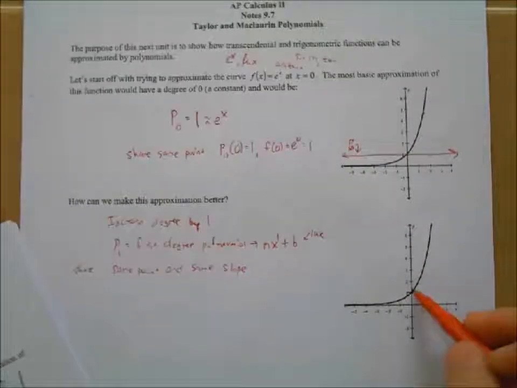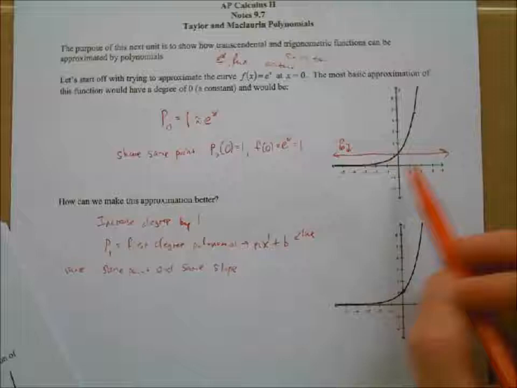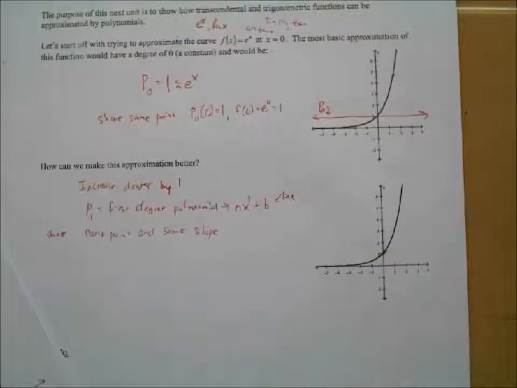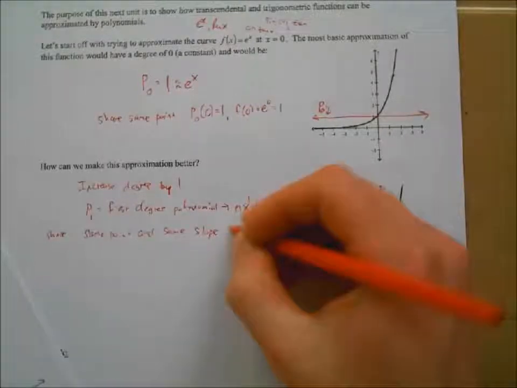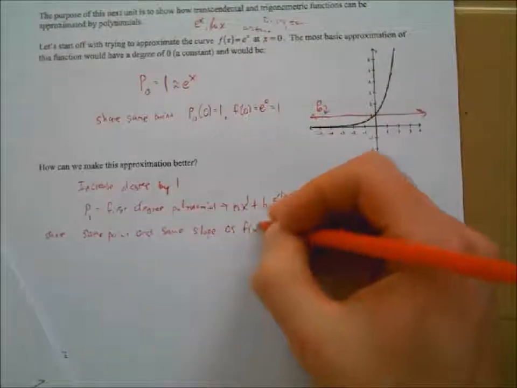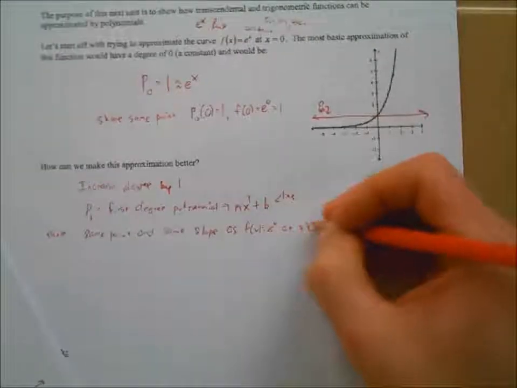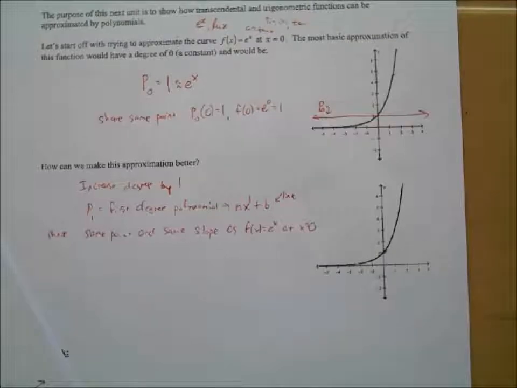So this was like a flat line, but obviously we see we're increasing here. So at this point, we're now going to improve this by not only getting the same point, but also acquiring the same slope as f of x equals e to the x. And again, we're going to be doing that all about x equals 0. We're centering on when x is 0 there.